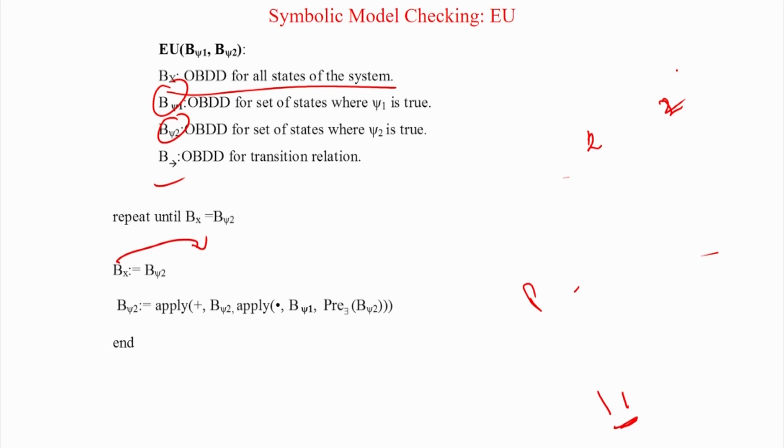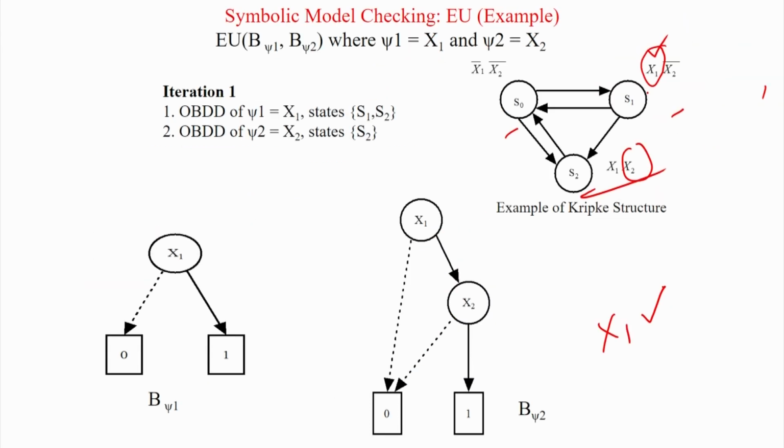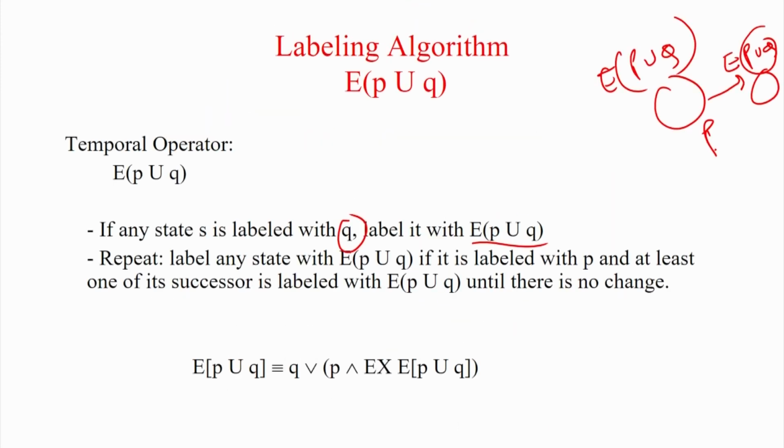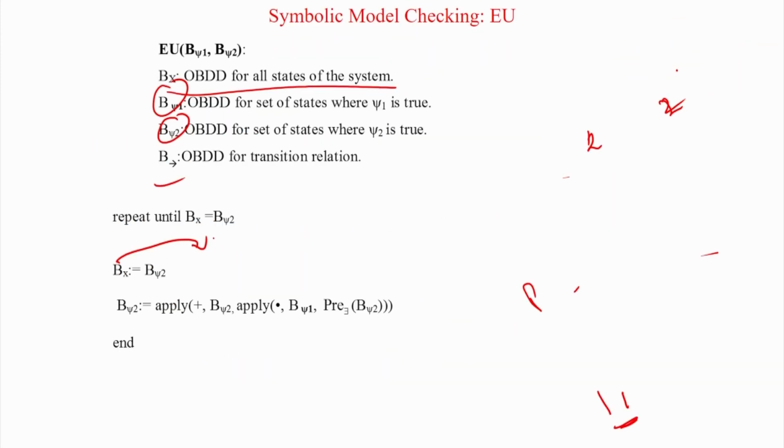B of psi 2 in this case was S2, so we had stored S2 over here, because initial psi 2 was S2.